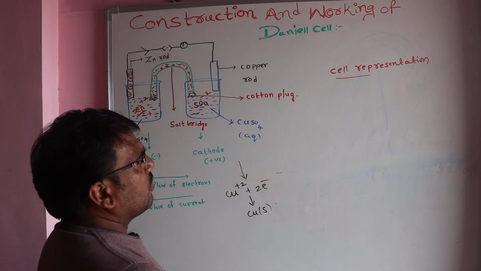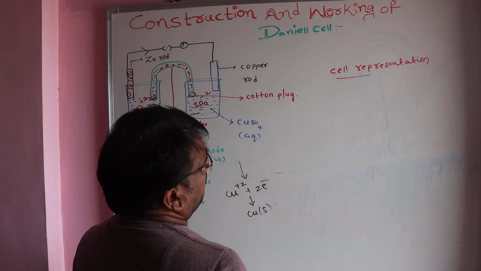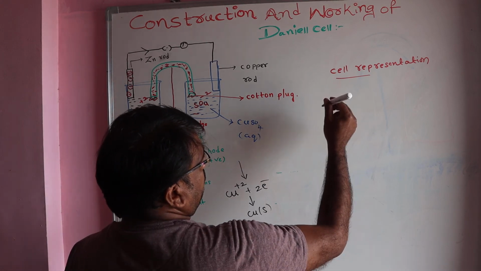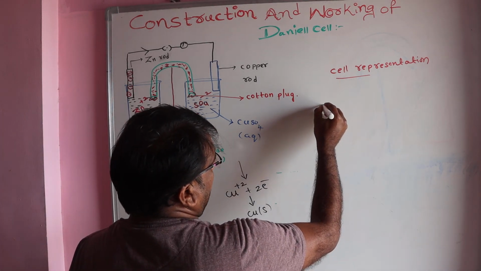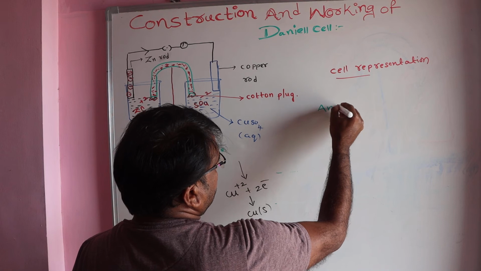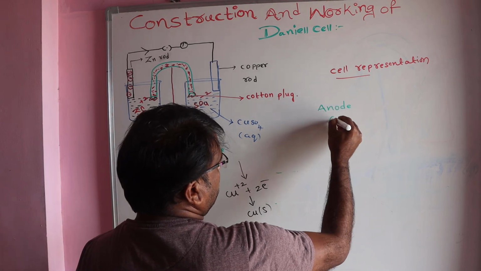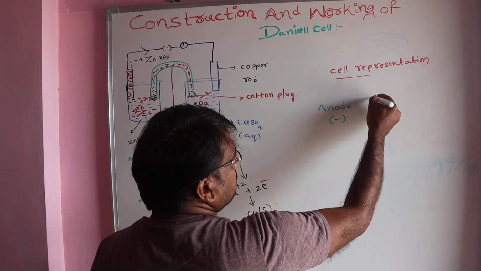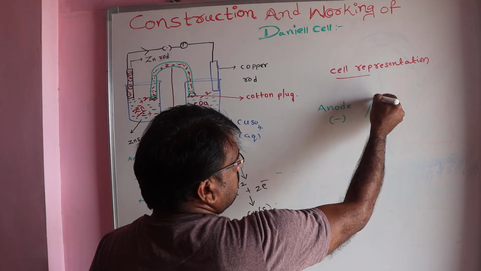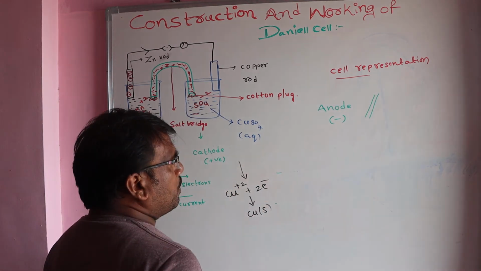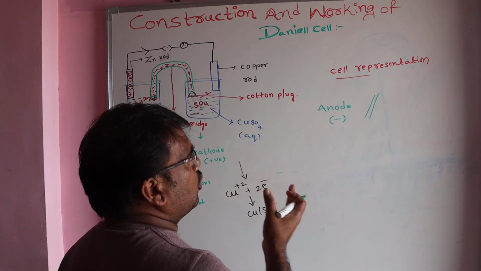First of all, if you want to represent any cell, we have to write the anode, the negative electrode, on the left side, and this anode should be separated with the salt bridge.